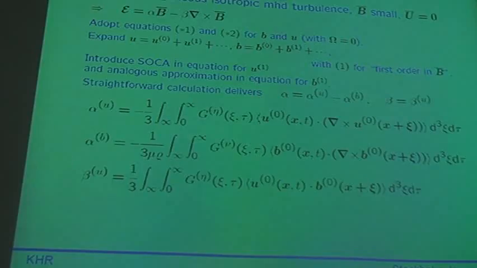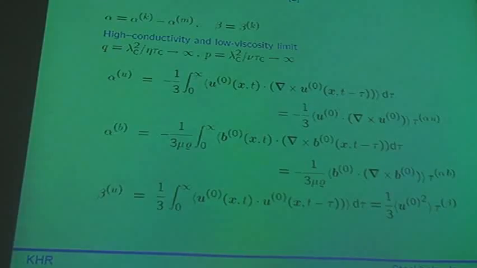If you adopt the equations I have given before, oh, sorry, it's the wrong direction.